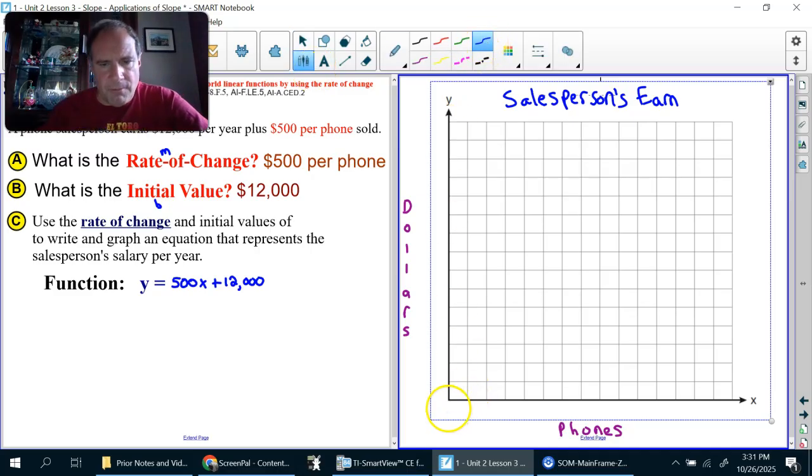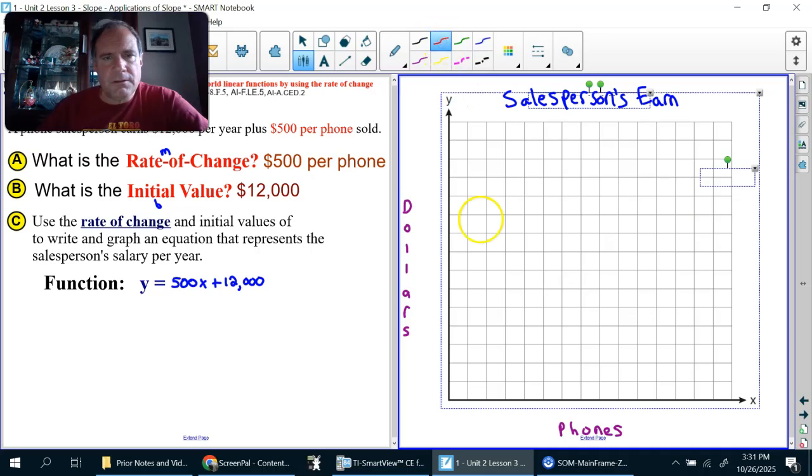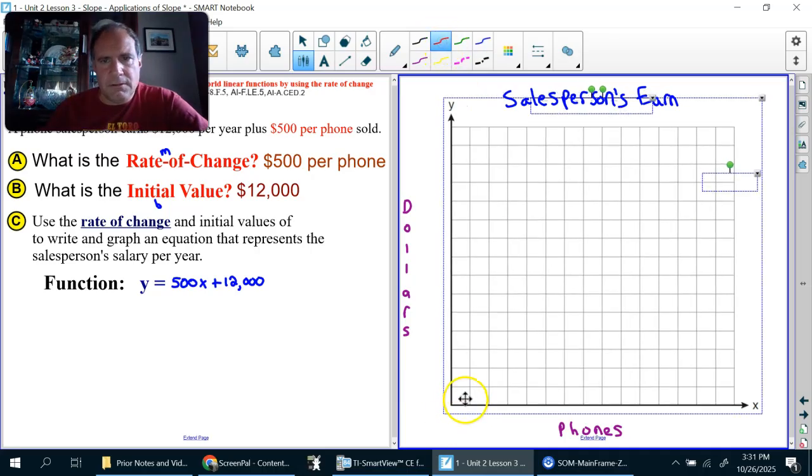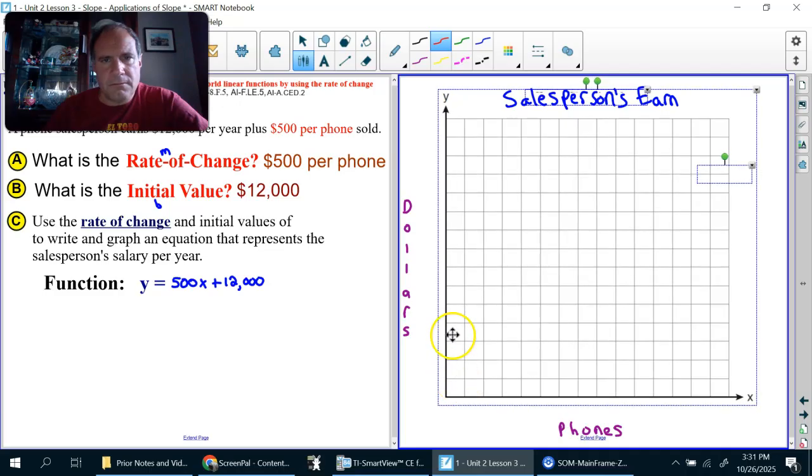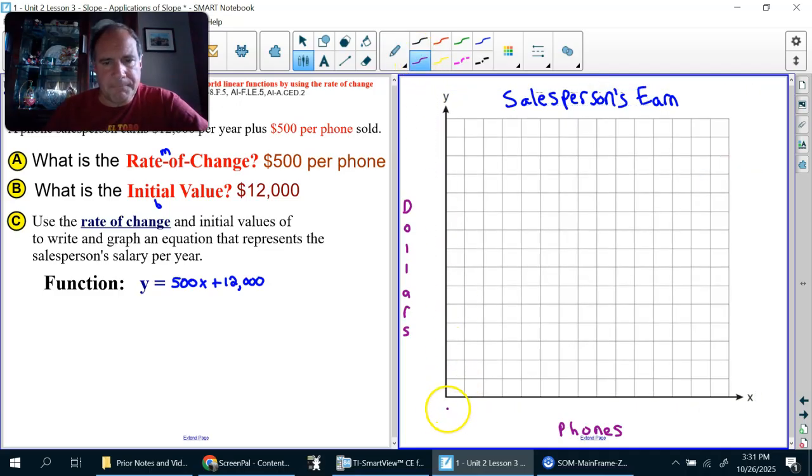We're going to just go by ones. It'll go up to 15.